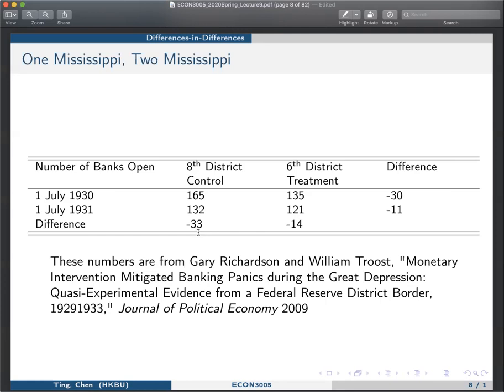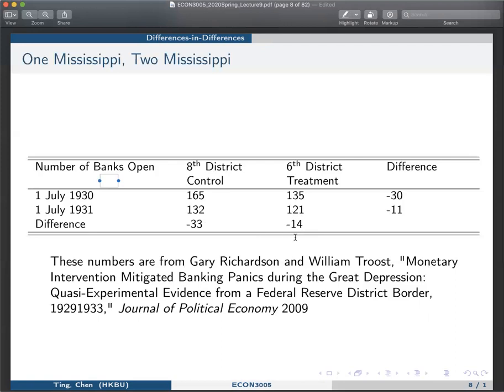So the outcome for the 8th district is actually the outcome of the banking crisis itself.